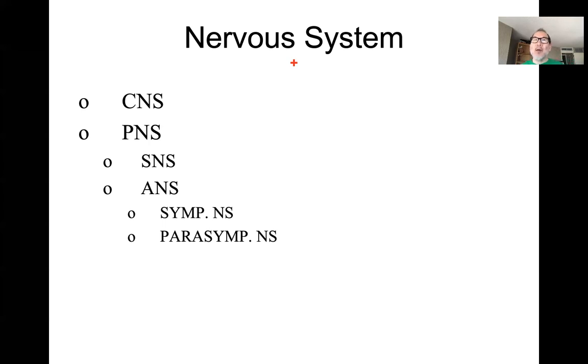Now, you can break down the peripheral nervous system into two subsystems, the somatic and autonomic nervous systems. We'll explain those two in a moment. And even the autonomic nervous system, you can break down into two subsystems, the sympathetic and parasympathetic nervous systems.